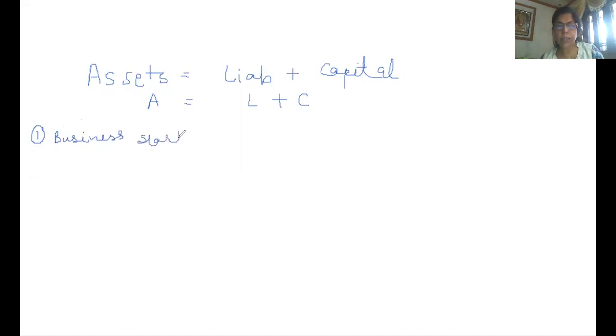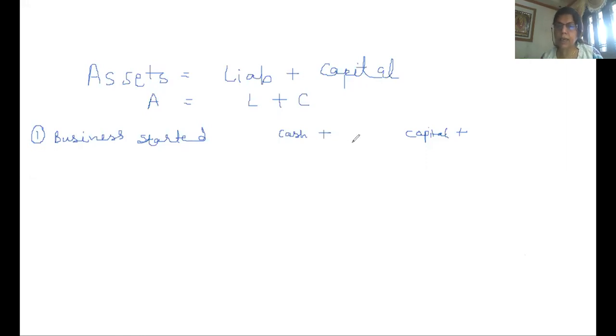First is business started. So business started, my dear children, there will be two effects. One is cash plus, another is capital plus. Through business started, the businessman invests the capital in the form of cash. That's why cash increases.